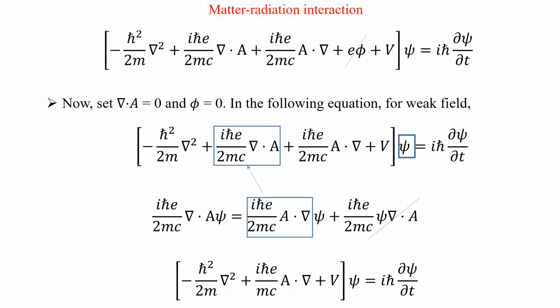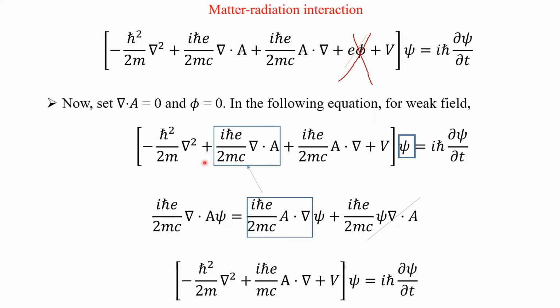Just now we arrived at this expression. Here one important thing is that we have taken φ as 0 for a weak electromagnetic field, so this term will get cancelled. You will get the other four terms alone. Specifically, take the second term, that is iħ e/2mc ∇·(Aψ). Remember that there is a ψ outside the bracket.